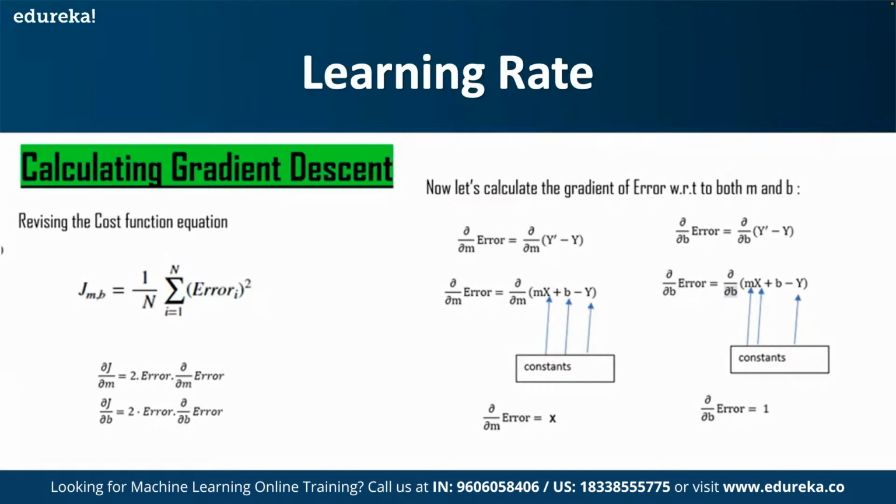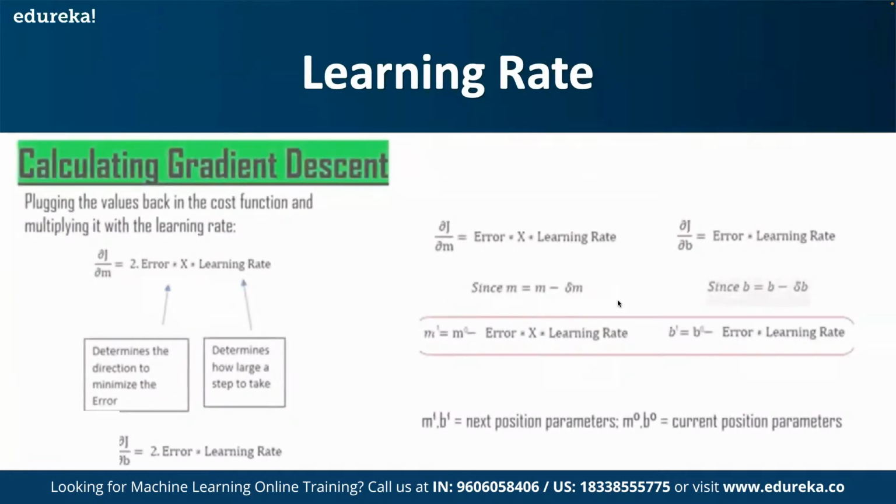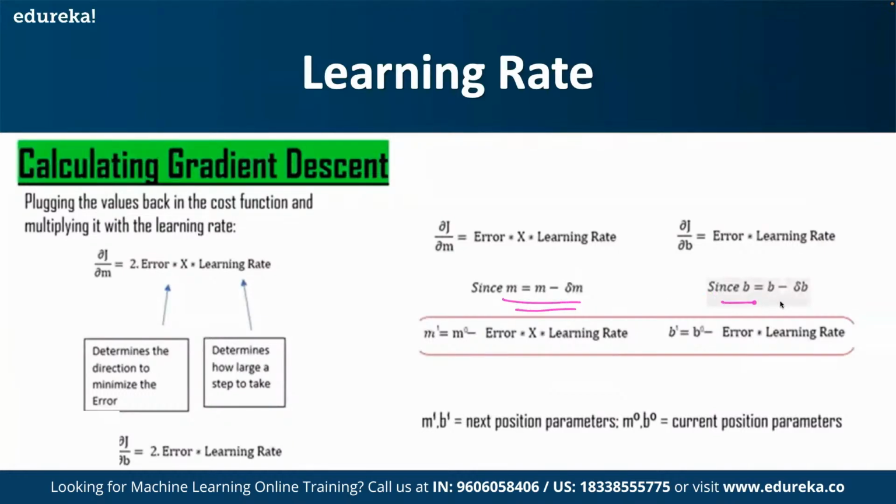We find the value of error, and for that we find the gradients. While finding the gradients, we can apply the partial derivatives, treat one parameter as a variable and the remaining as constants, and find the value of the gradients.